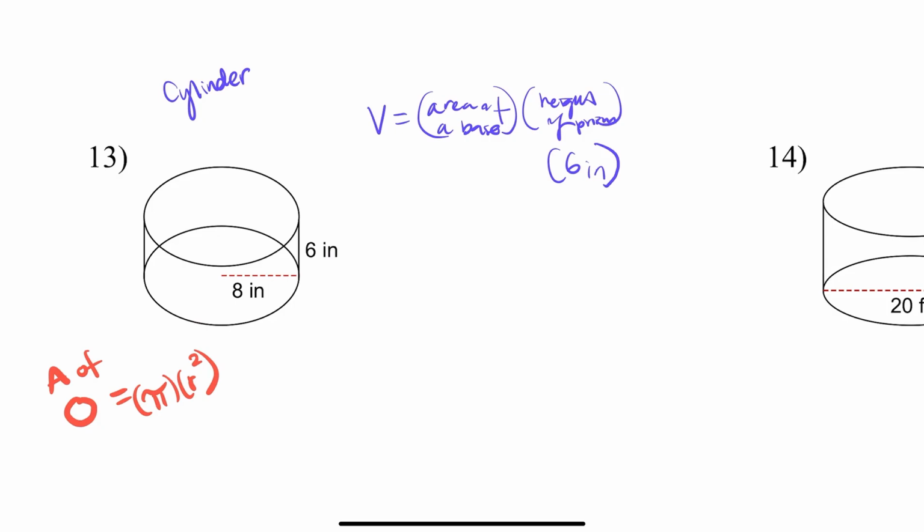Pi, remember, you can either use as the symbol in your calculator, or we like to use 3.14. And then r is going to represent your radius.